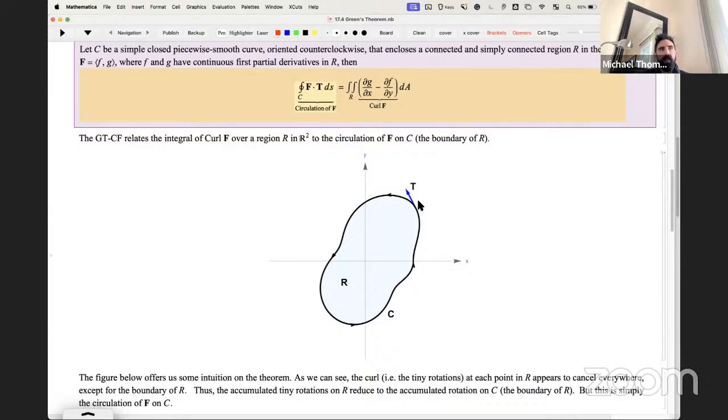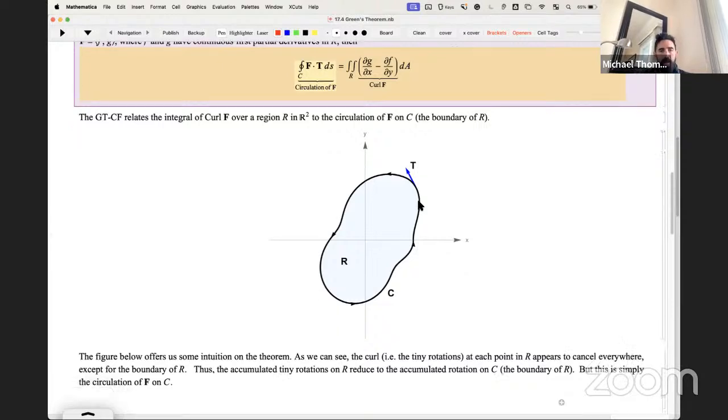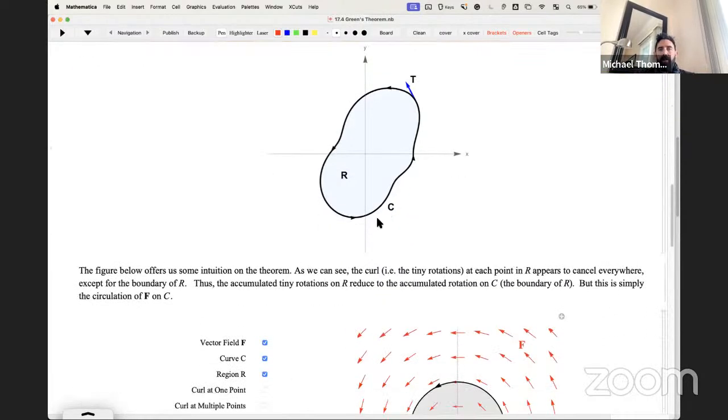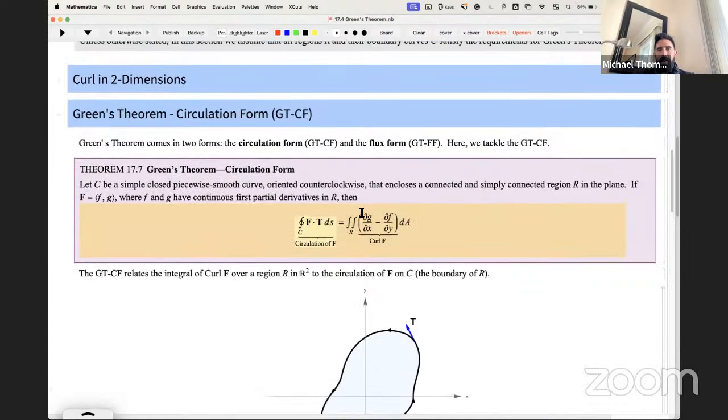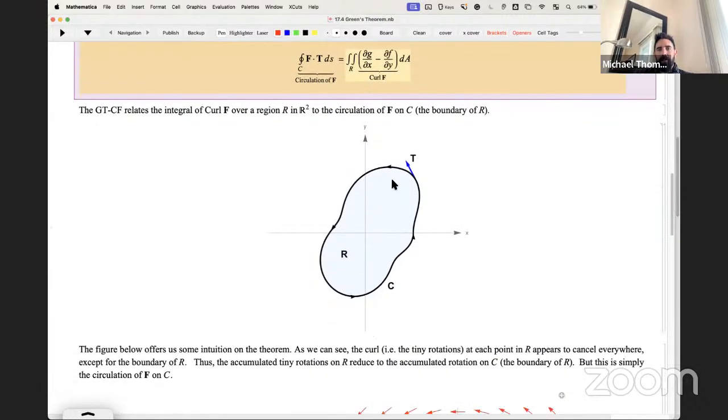It's basically saying the same thing that we said with the fundamental theorem of line integrals. In a sense, what it's saying is that if you add up, you guys remember what integral means, right? It means you add up all the little curls. So we're going to add up all the little curls at every point inside. And when we do that, the result is going to be the circulation on the boundary.